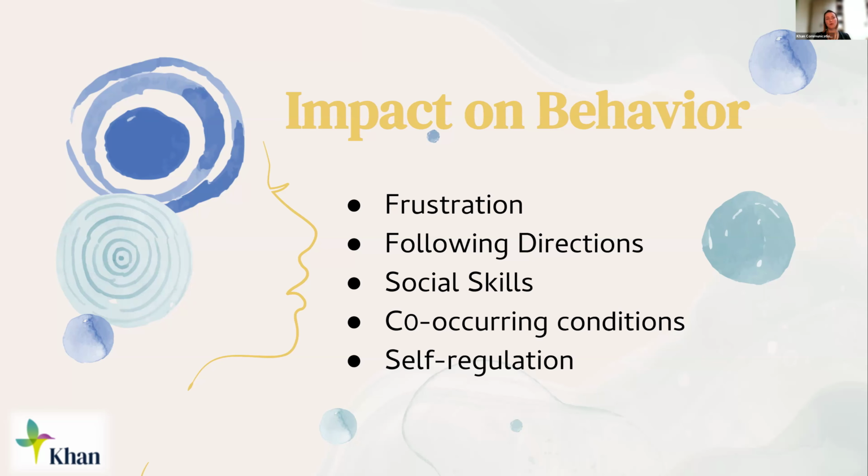And that phase of co-regulation may extend beyond actually what we would usually see in typical development, because those critical thinking skills and that, hey, I can apply this strategy, that thought might not occur as much. So they may need a lot more guidance and explicit teaching from adults before that adult can step back and expect that regulation can be done independently.